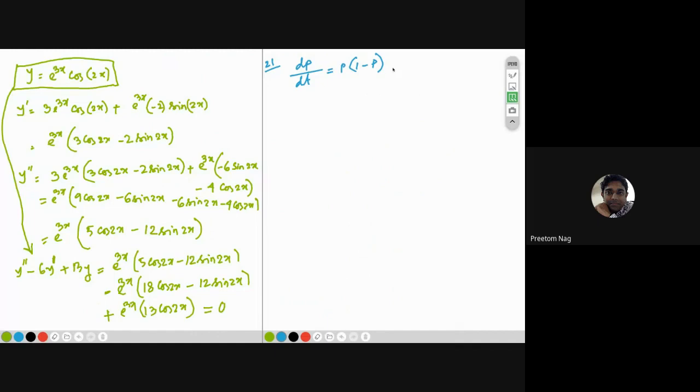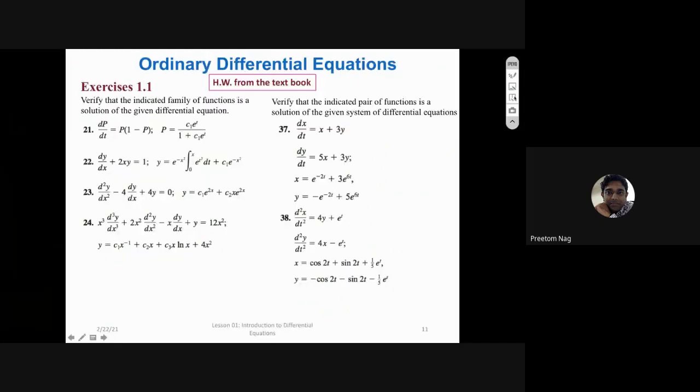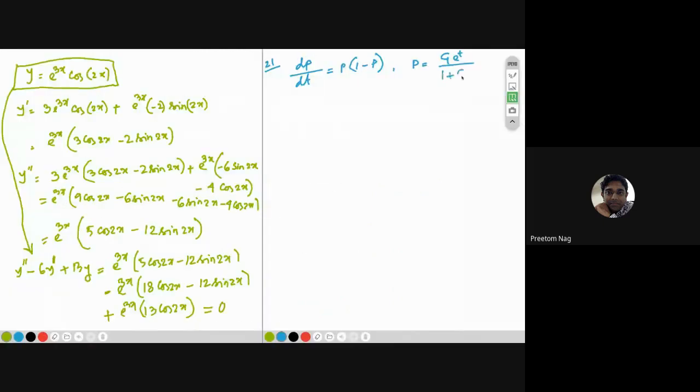What is p? So p is given here by c1 e to the power t over 1 plus c1 e to the power t. So we have to find out whether p is the solution. How can you do this? What do you think? There are two ways: either you find dp by dt and check it is the same as this one, or we see whether we can derive this solution from here.